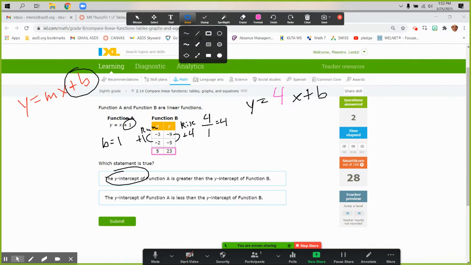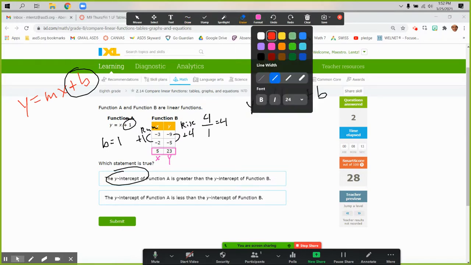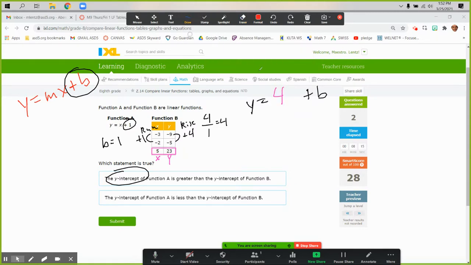So remember, this is x and this is y. It tells you right here, right? So if x was 5, that means go up here to this x and put a 5 there instead. We're plugging it in. And then for y, erase y and put in whatever y is, which in this one is 23. And now you just solve it and it'll tell you what b is.